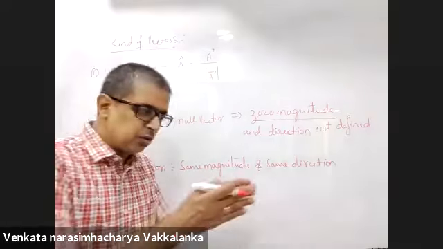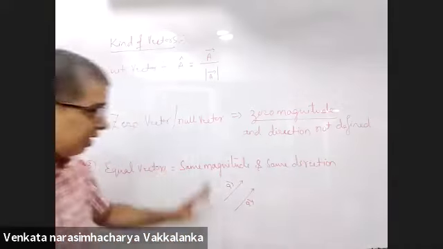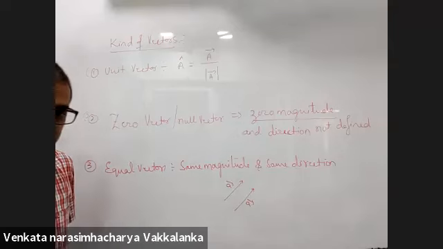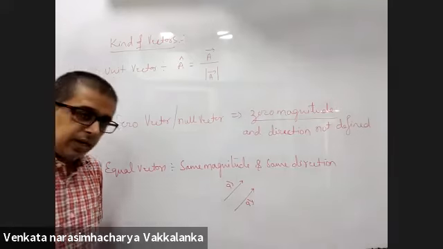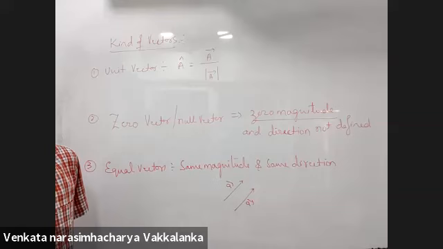Parallel vectors, you know, two vectors in the same direction, they are parallel. I will define them, take it down till here. Sir, identical vectors and equal vectors are same? Yeah, identical vectors and equal vectors are the same.